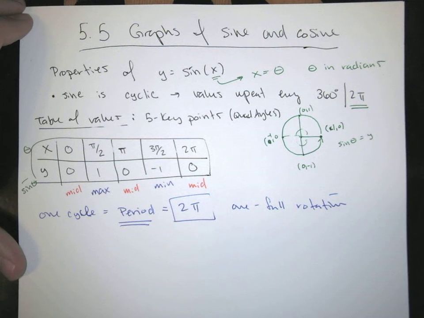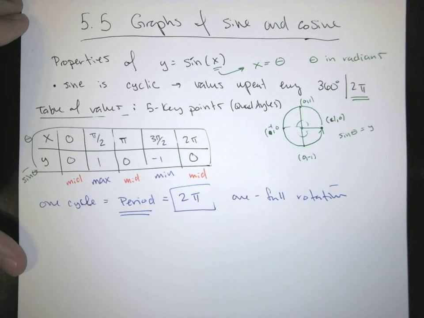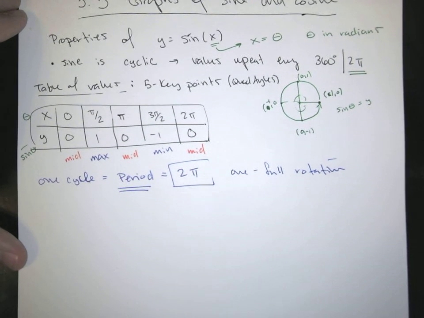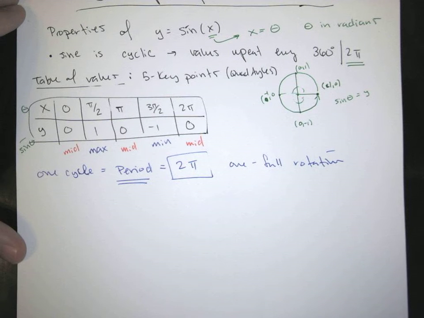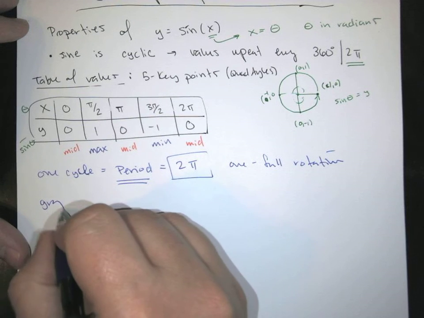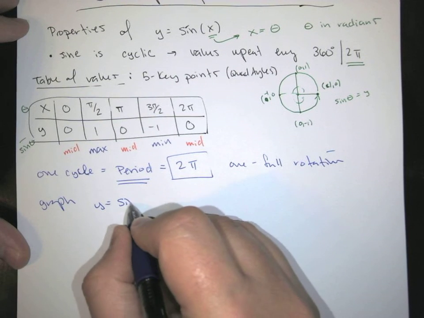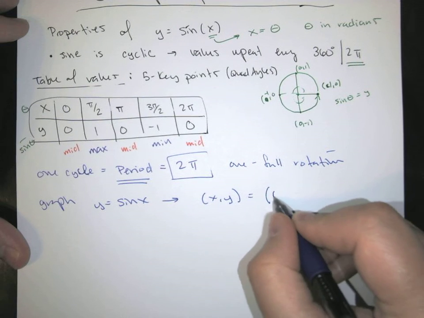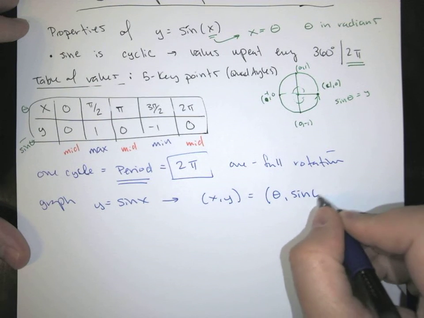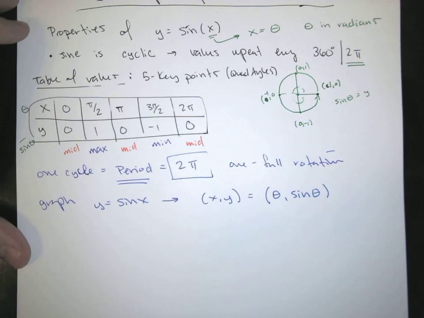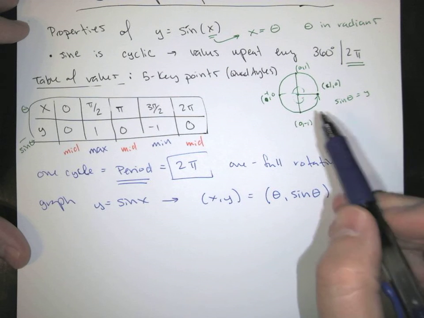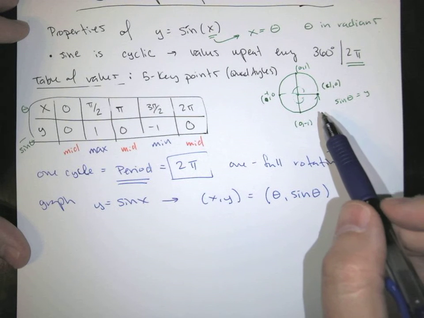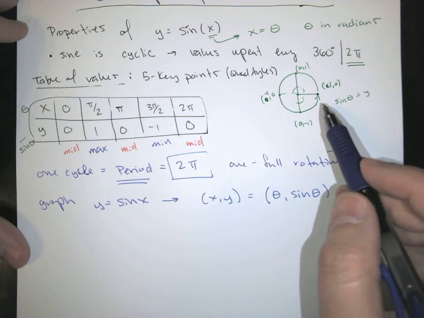Now, when we graph this, we're not trying to graph it as a circle. We're trying to graph x and y coordinates, where the x coordinate is your angle and the y coordinate is your output value, right? So we're trying to graph y equals sine x. That means an xy point is really an angle and then the sine value of that angle. It's interesting: if we think of this in terms of the unit circle, where we also have x's and y's, we're changing the role a little bit.